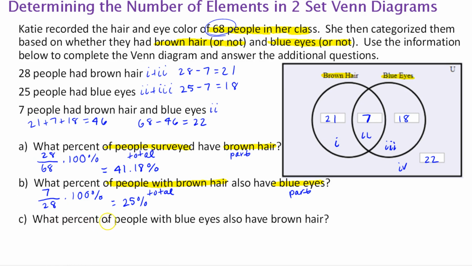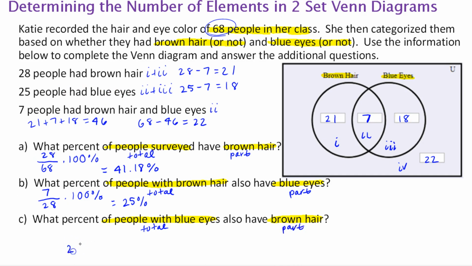What percent of people with blue eyes also have brown hair? So this is changing what we're considering the total, but the part is going to be the same, brown hair and blue eyes. Okay. So our total people with blue eyes is 25. We could add these two.